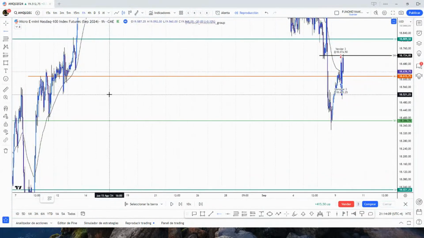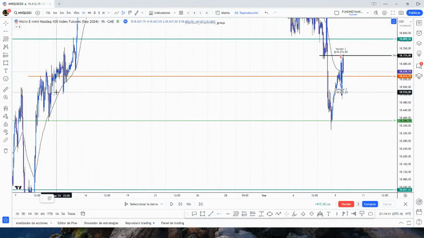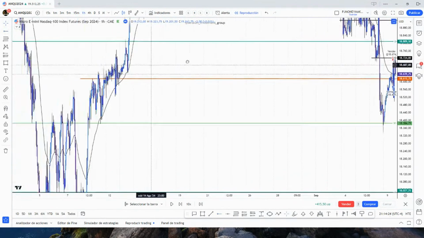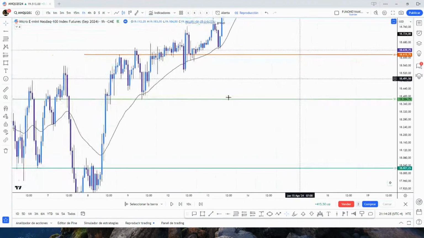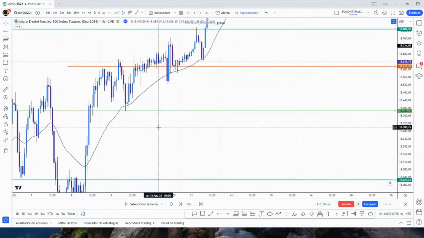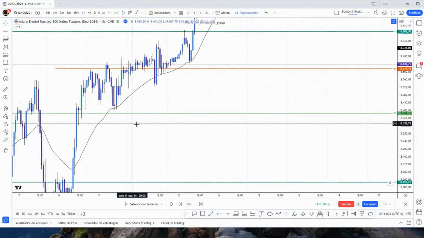We go, why the market? Why did it retrace from there? I'm looking, why? That's my thing, looking for why. Remember, when you analyze the market, specifically 1 hour, you have to look for the points.